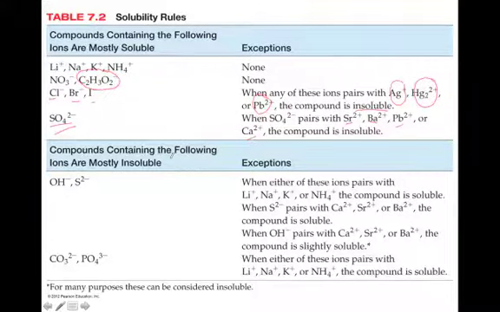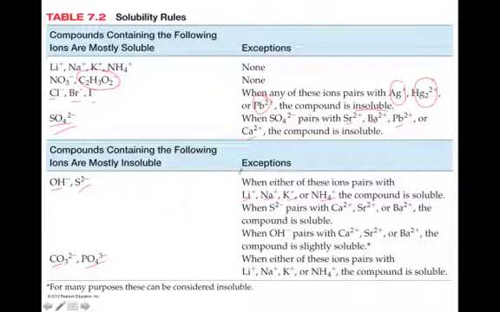Mostly compounds of hydroxide and sulfide are insoluble. Mostly compounds of carbonate and phosphate are insoluble, except, of course, we're going to have some exceptions. We already said that lithium, sodium, potassium, and ammonium are always soluble, so those are exceptions.